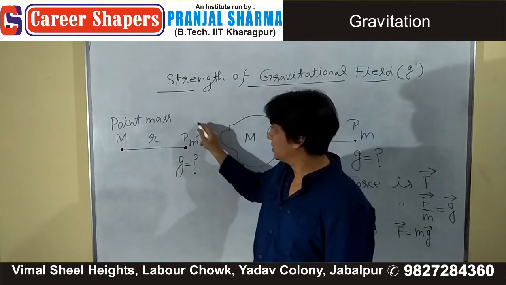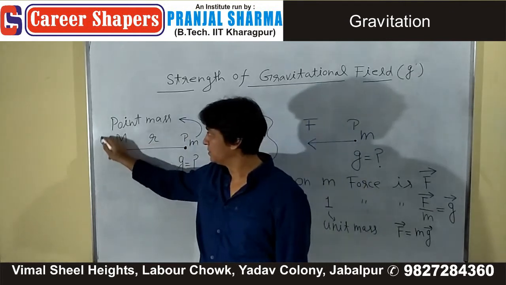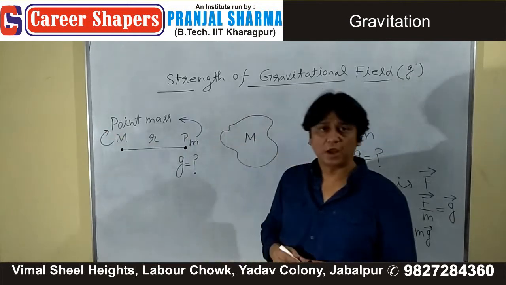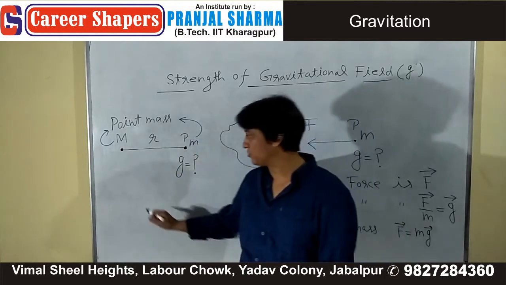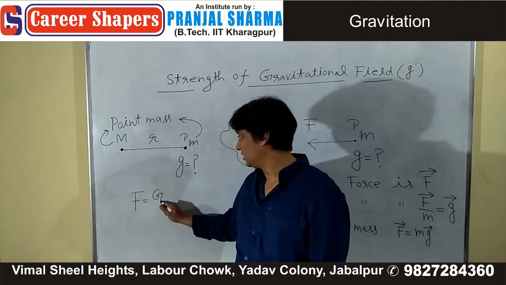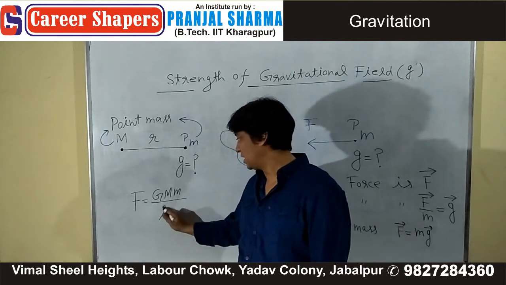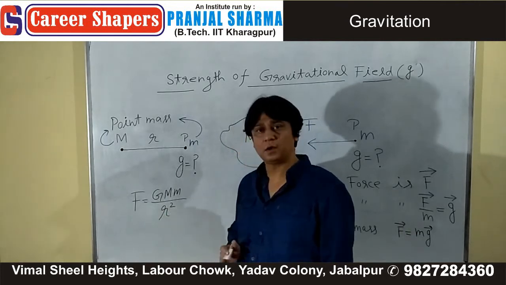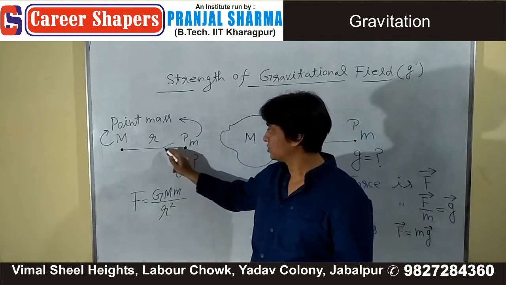This m is also a point mass. If they both are point masses, then you know that we can easily write force as GMm divided by r square. This force is acting on m in this direction.